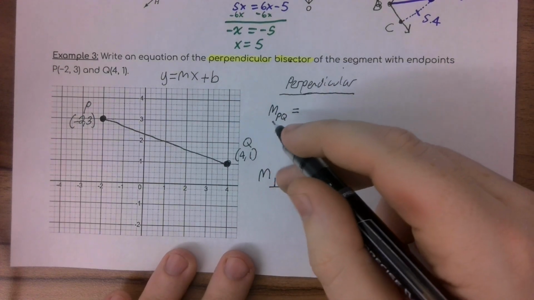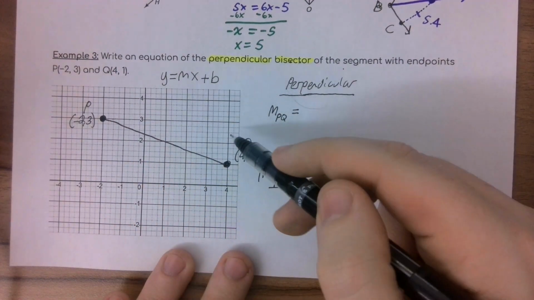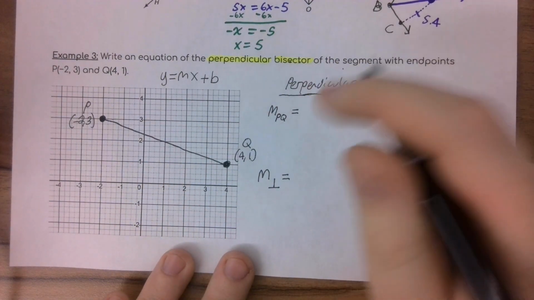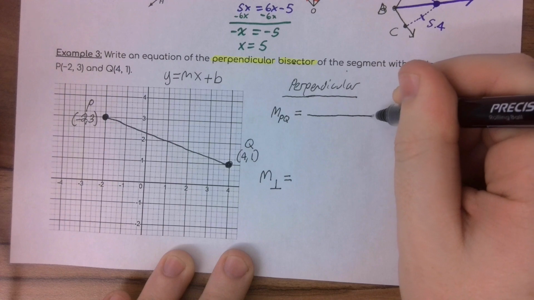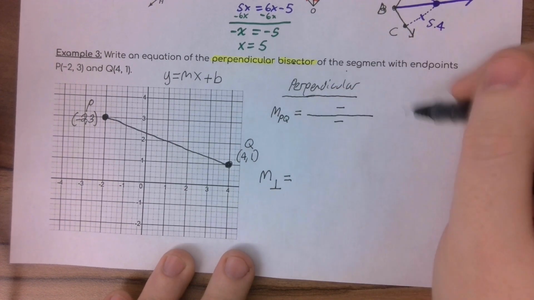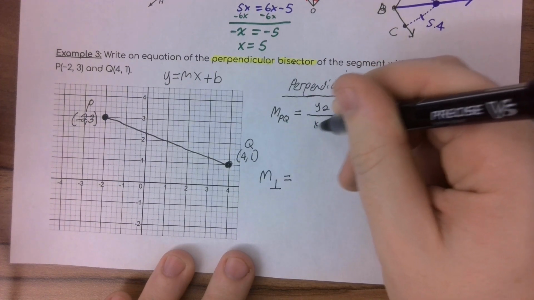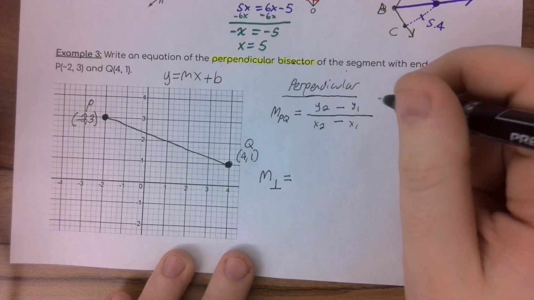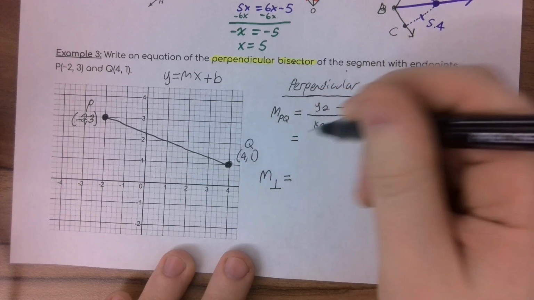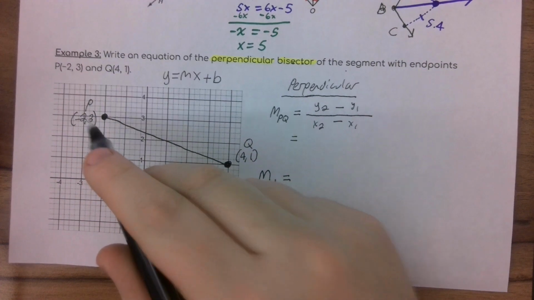Let's do it. The slope of PQ can be found either by counting it out, because we have a graph, or if you don't have a graph, you can always just use the slope formula. y2 minus y1 over x2 minus x1. Well, if we plugged in some y values and x values, let's say that y2 is 3.